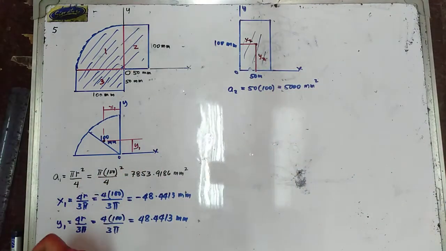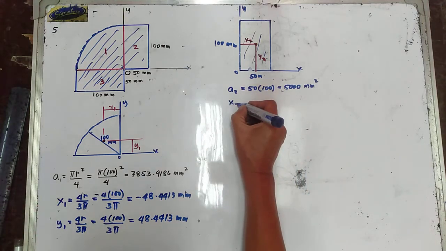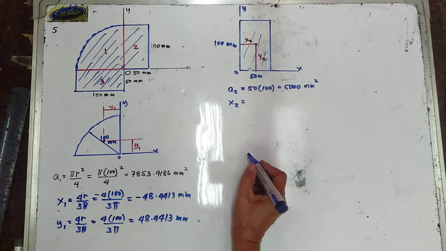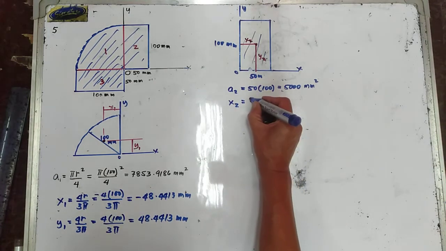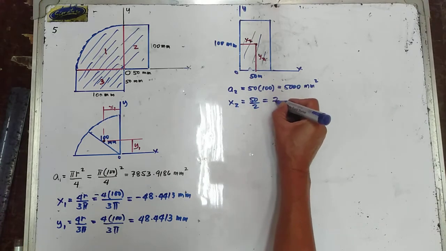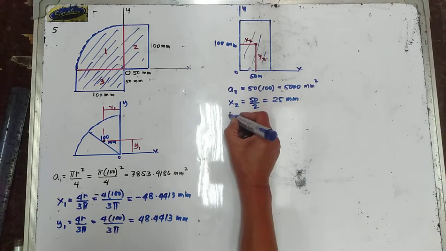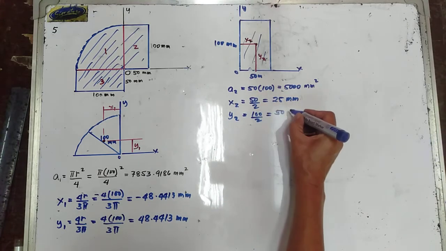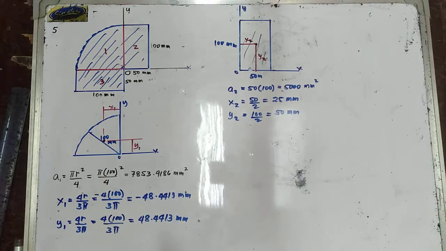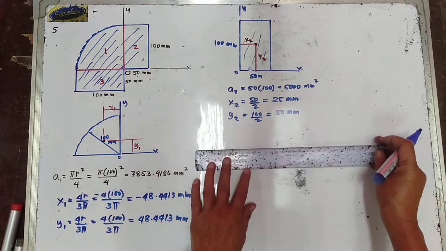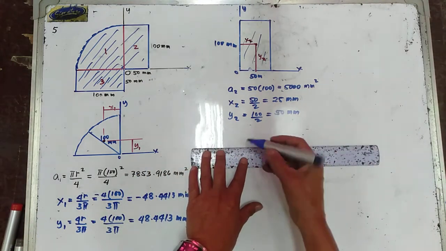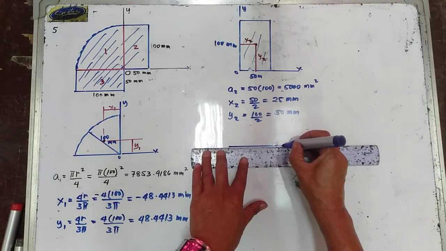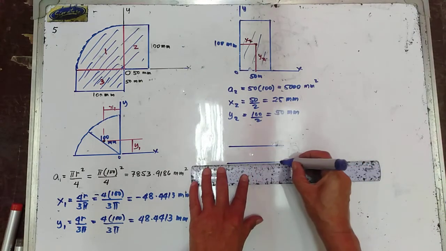So that your x sub 2 is equal to 50 over 2, or 25 millimeter. And your y sub 2 is 100 all over 2, or that one is 50 millimeter. Now, the last area. We now have the last area, which is now your area 3.